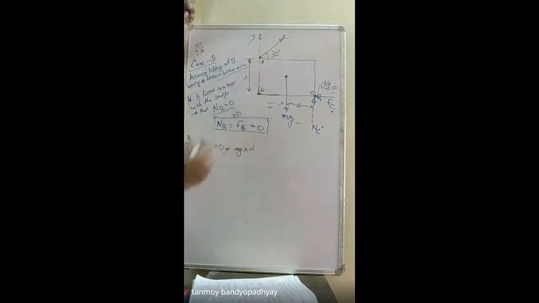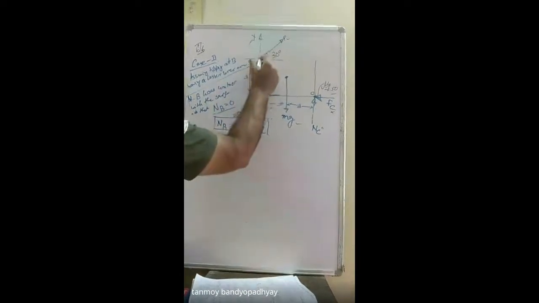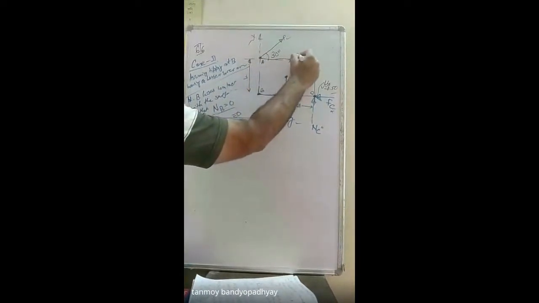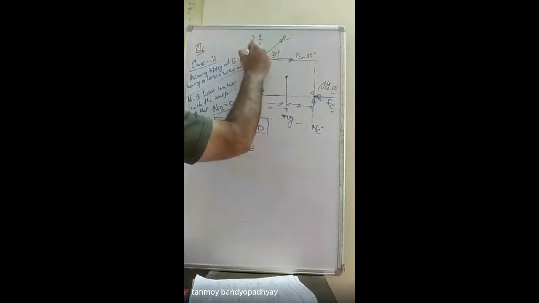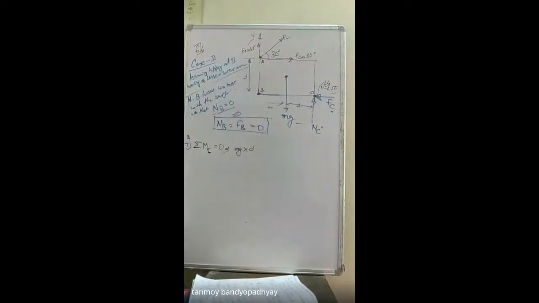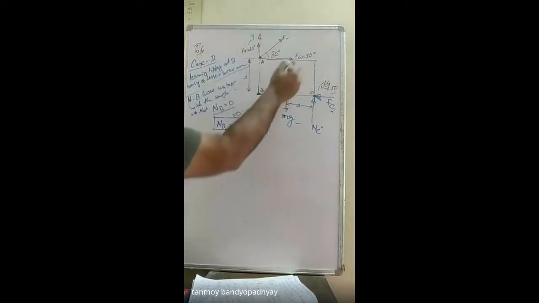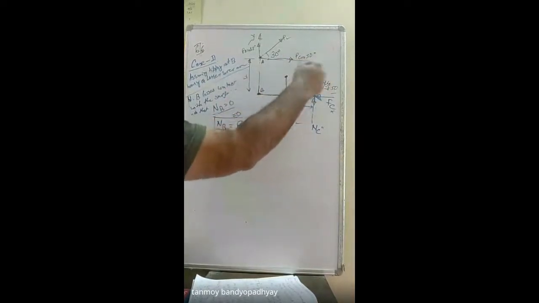Okay. So P again we can break into two components. So this one is P cos 30 degree and this one is P sin 30 degree. Okay? So P cos 30, it's causing a clockwise rotation.